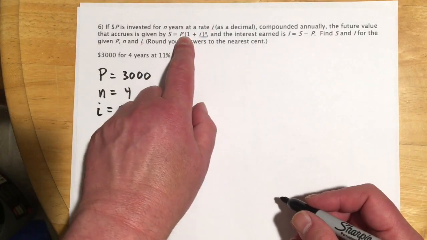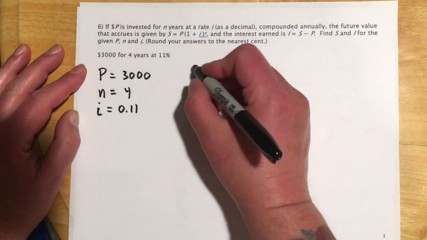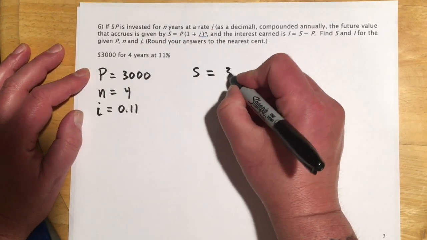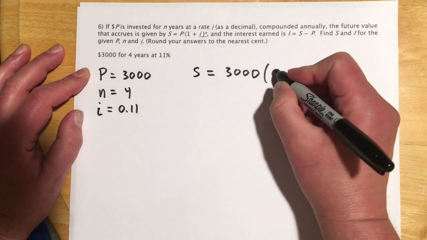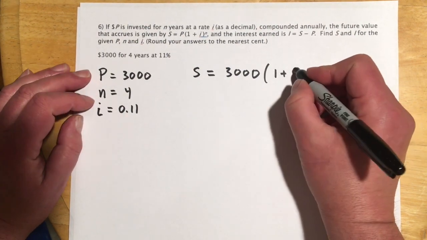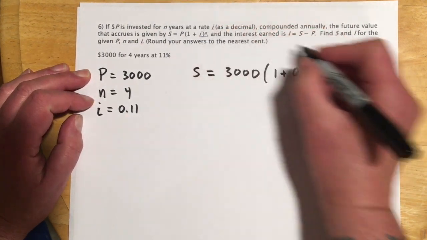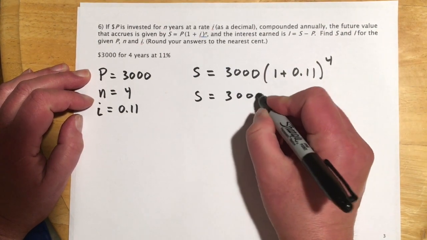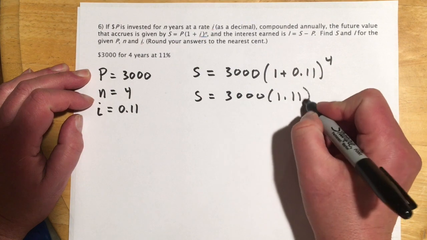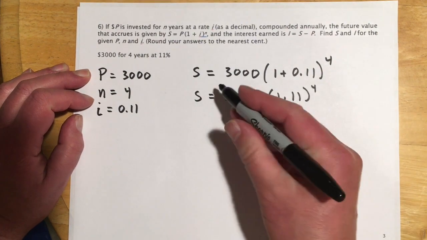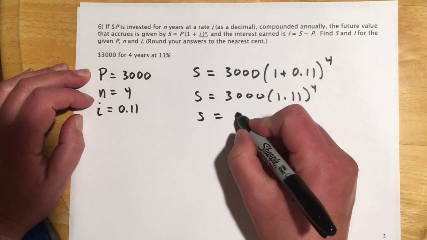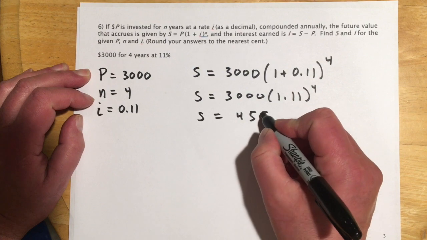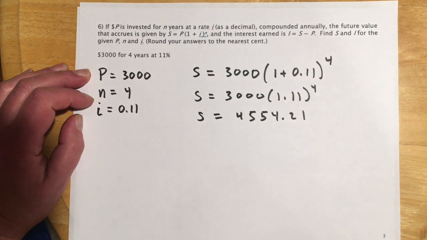And so then I could just plug all those in this formula, and then that's going to get me to S. So S equals P, 3,000, and then 1 plus I raised to the N. And so if I clean that up a little bit, I can write it that way. And then I just put all that in a calculator and got S to equal 4554.21.